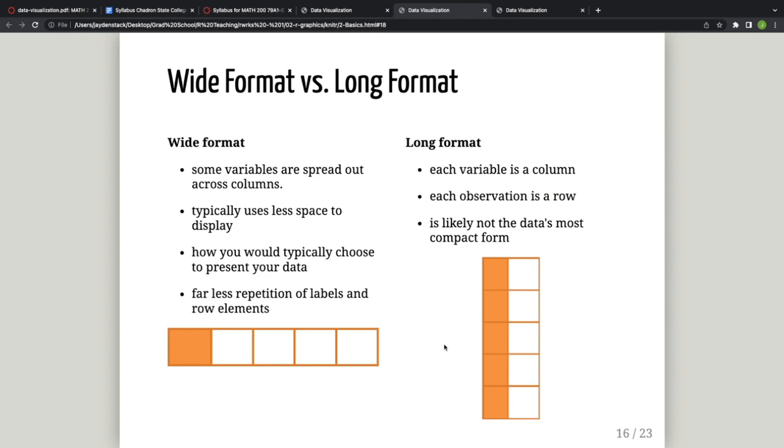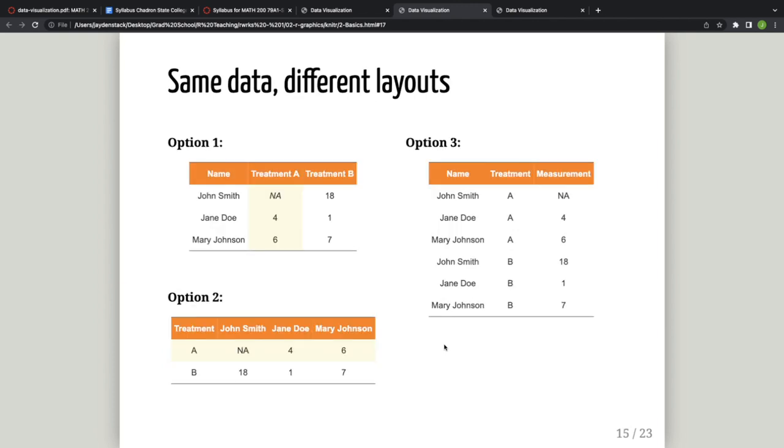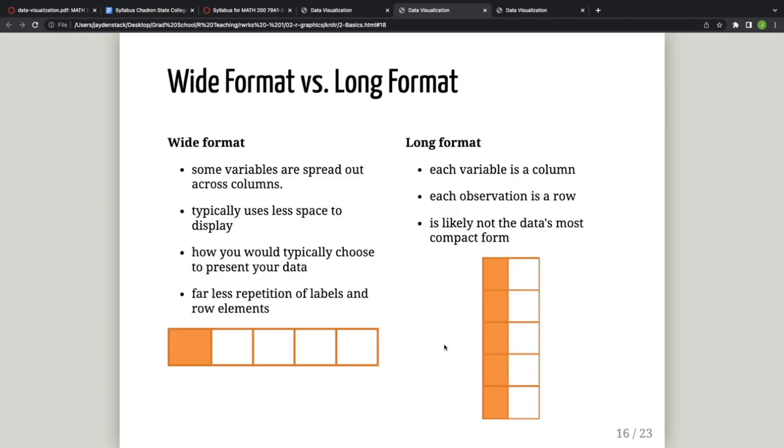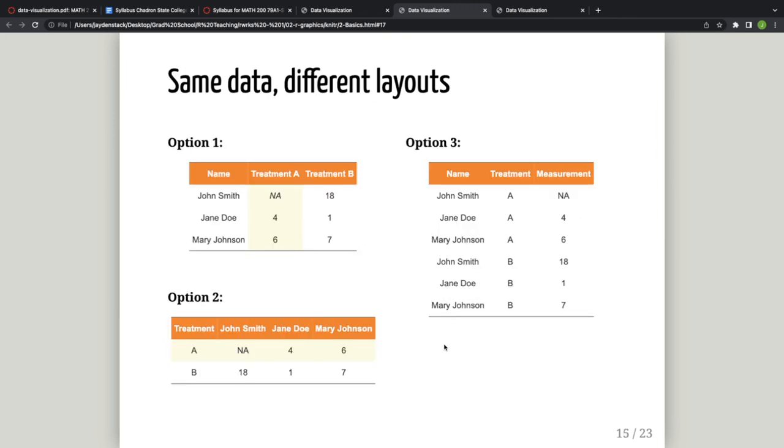Okay, but let's take a look at long format. Each variable is a column. Taking a look back here, each variable is a column: our name variable, our treatment variable, and our measurement. Each observation is a row. So I'm not doing like option one, taking a look at John Smith with both their treatment A and treatment B in one row.